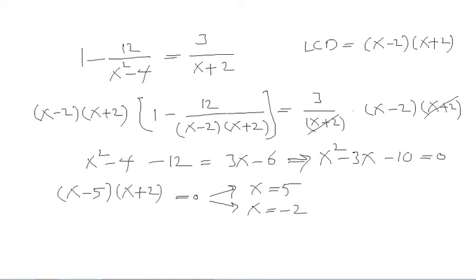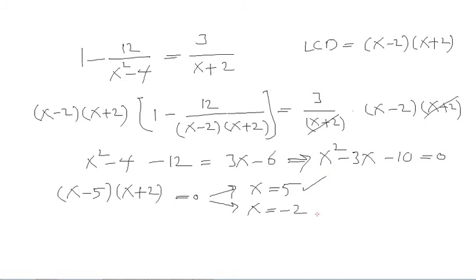Okay, step 4. Let's check whether these two solutions cause a zero denominator. 5 doesn't cause a zero denominator. It causes 7 here, it causes 21 here. Negative 2 makes this denominator 0. It also makes this other denominator 0, but even if it makes only one of the denominators 0, then it is an extraneous solution.